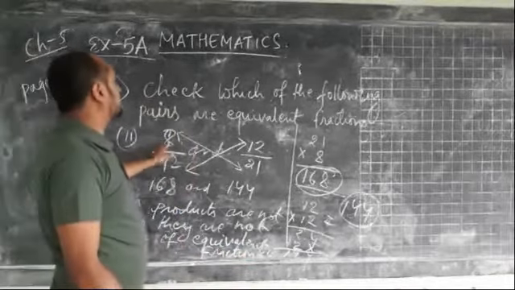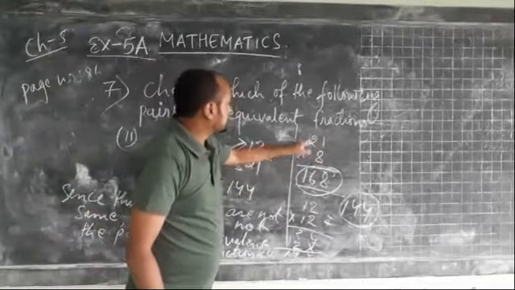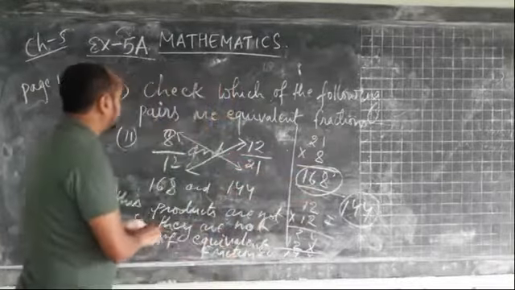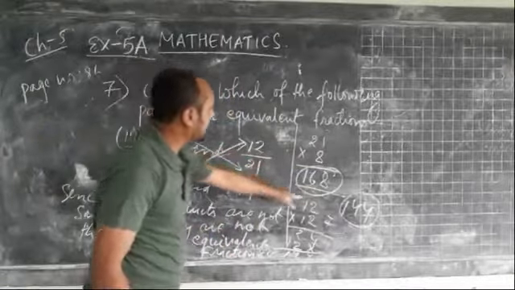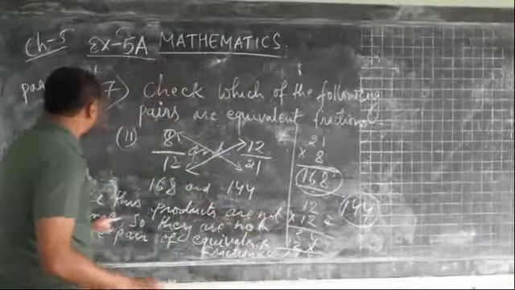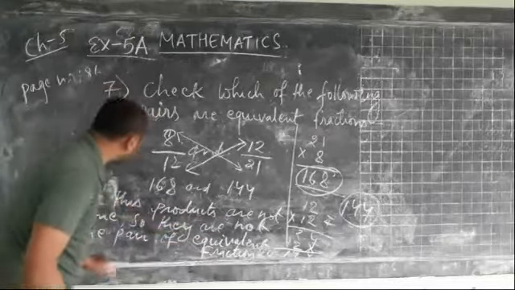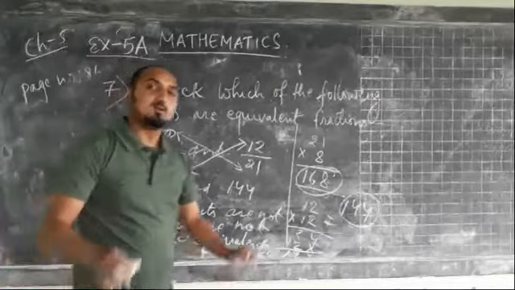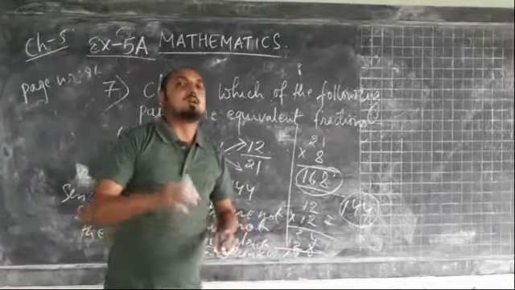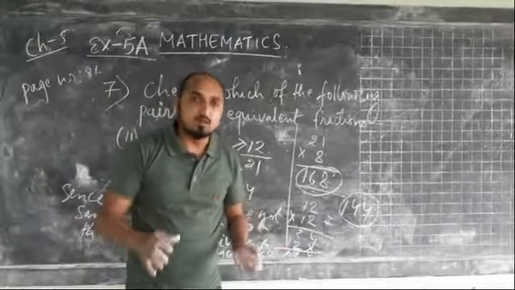When we multiply 21 and 8, we get 168. When we multiply 12 and 12, we get 144. So the products are not the same, and since the products are not the same, they are not a pair of equivalent fractions. This is the way to check whether the given pairs are equivalent fractions or not.